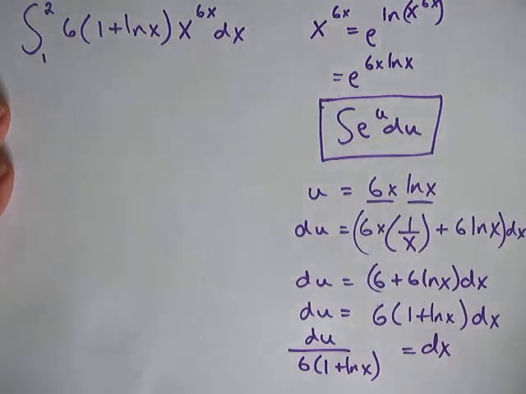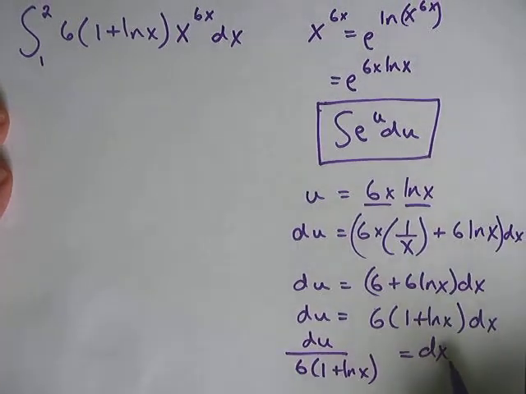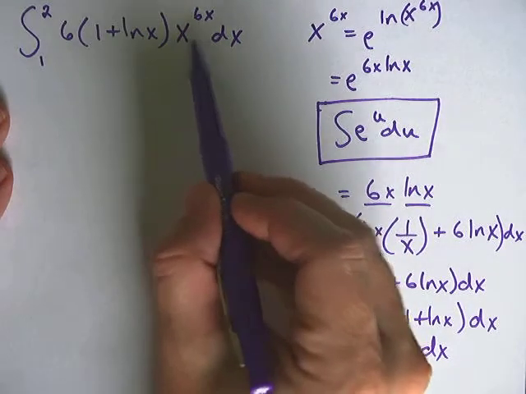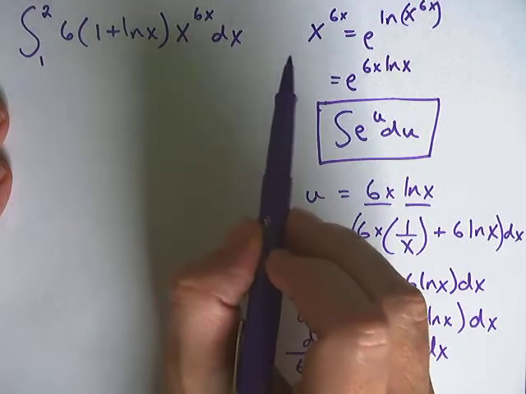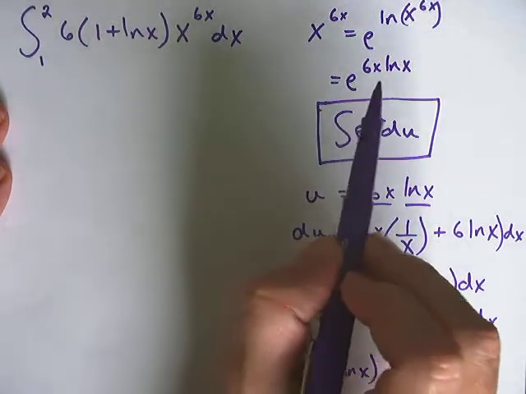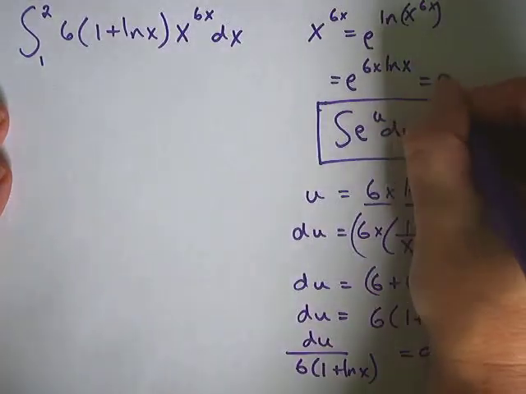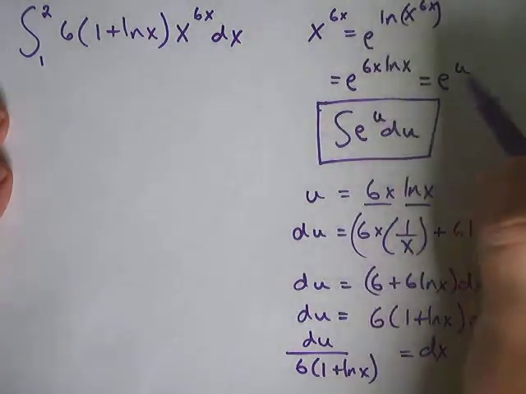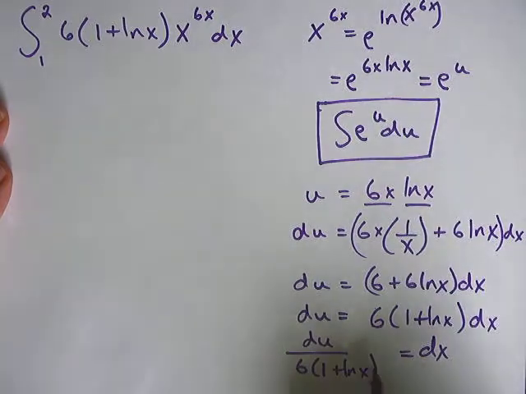So I can do that substitution. And you notice when I do that substitution for dx, it's going to make this term cancel. So I've got this x to the 6x, and I'm going to say that's actually e to the u. Now that I know it's going to work out, I'm going ahead and putting that.